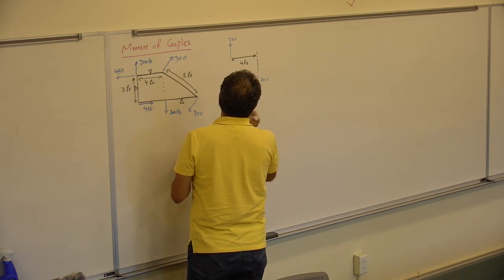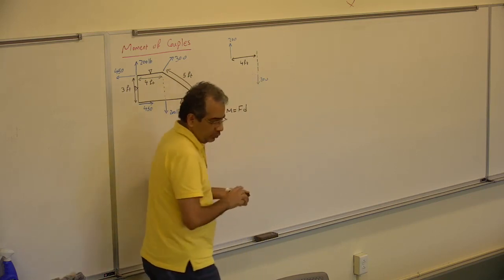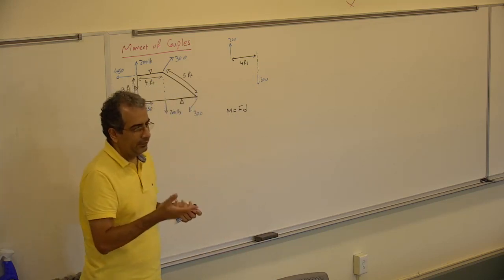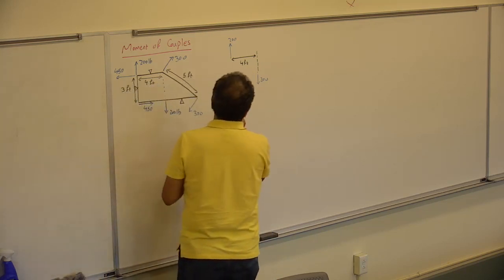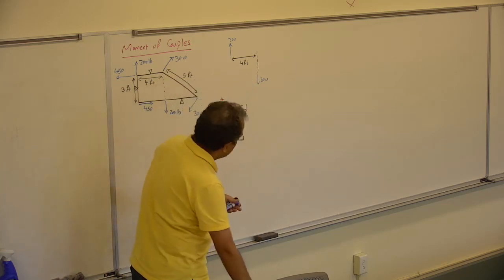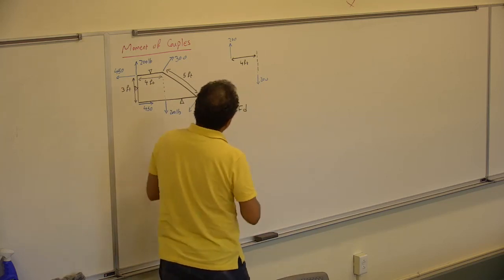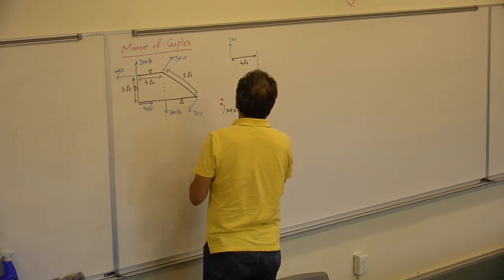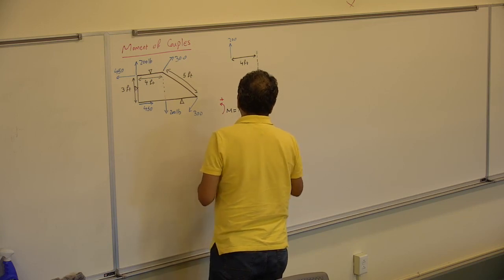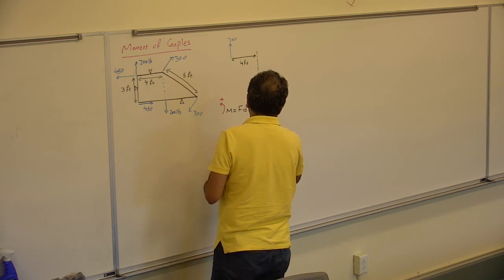So the moment of the couple, again, because it's 2D, you have to assume the positive direction. So assuming counterclockwise is positive. So the moment here is one of the forces, which is 200, times the distance between them, which is going to be 4.